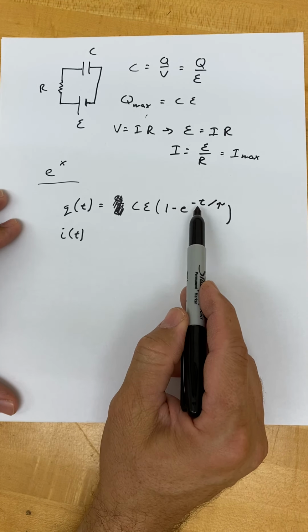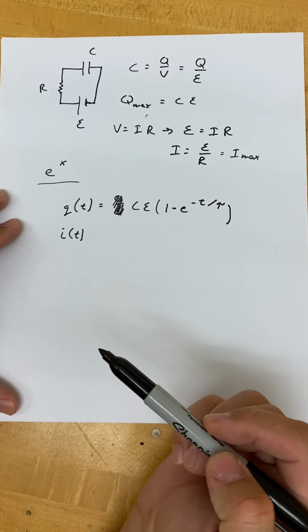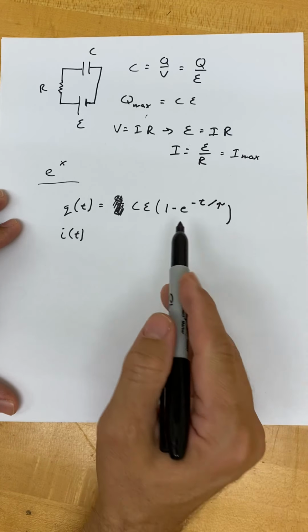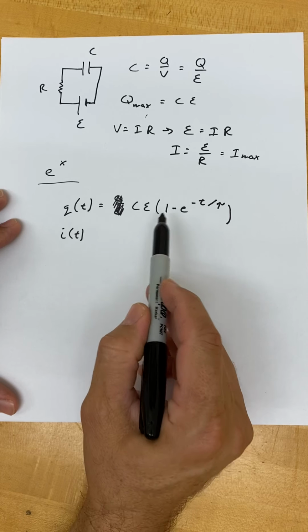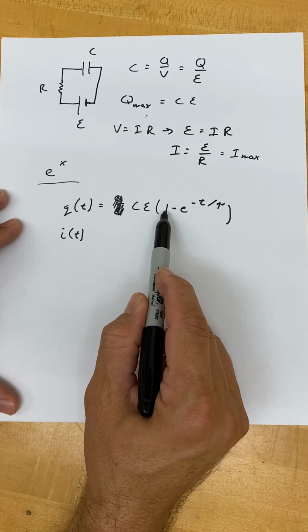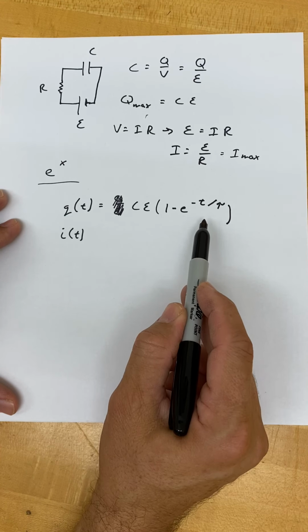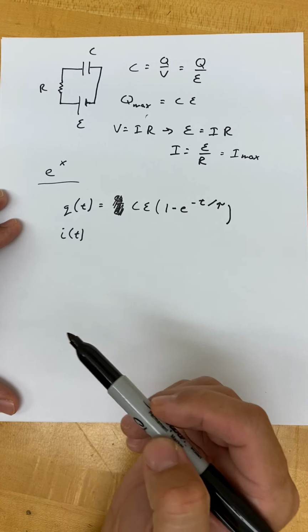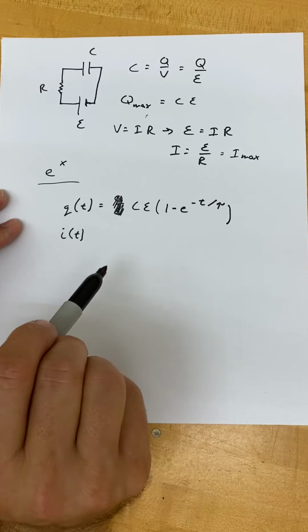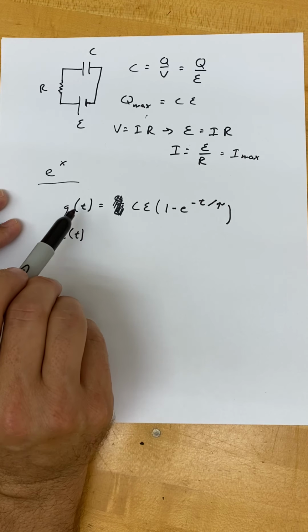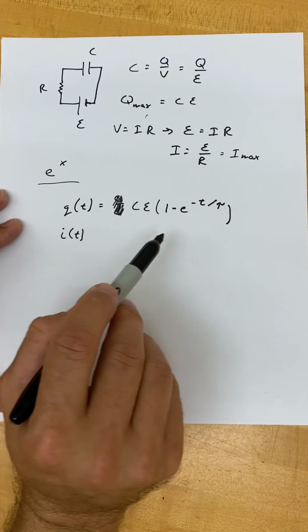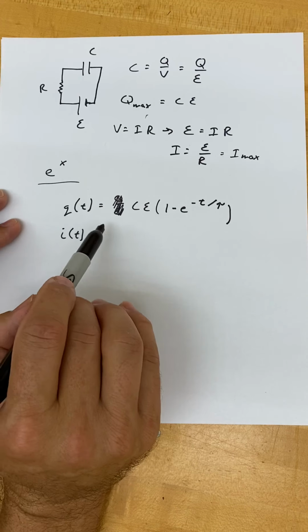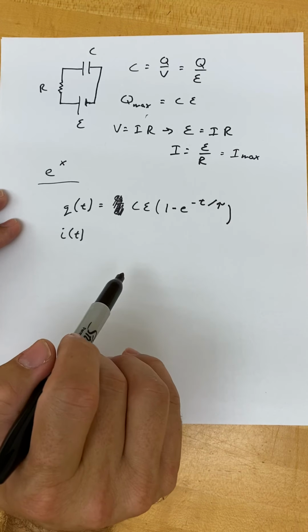I'm going to plug in 0, and I'm going to get e to the 0th. Anything to the 0th power is just 1. So this parenthetical expression gives me 1 minus 1, 0 any way you slice it. Then 0 times this quantity gets you 0. So that actually works. If I plug in 0 for t, right when I flip the switch, the charge on the capacitor is nothing, just like I should.